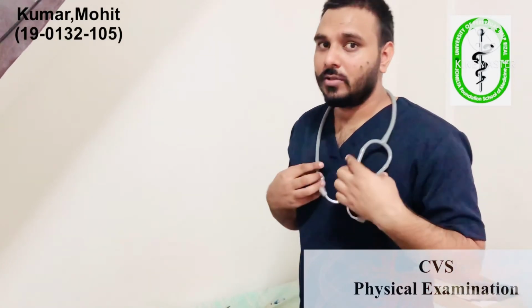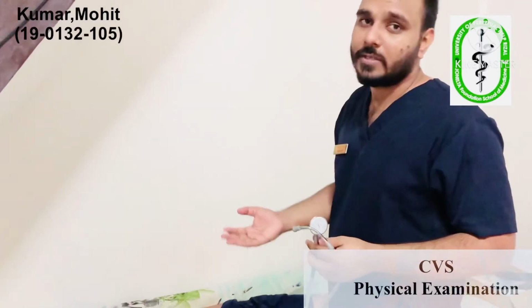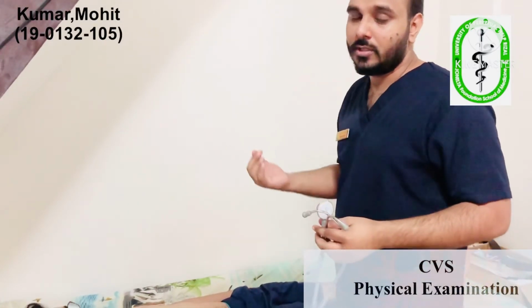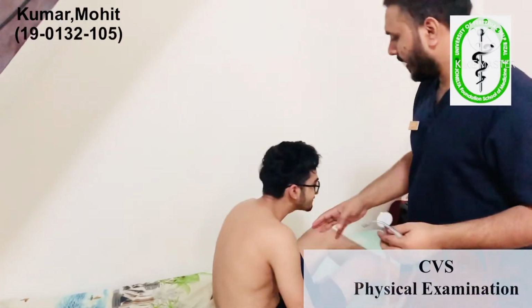So now we are going to examine the next diastolic murmur heart sound, that is for aortic regurgitation. For the AR, we have to instruct our patient to sit properly in the sitting position. Will you please? Yeah, and lean your body forward, please.